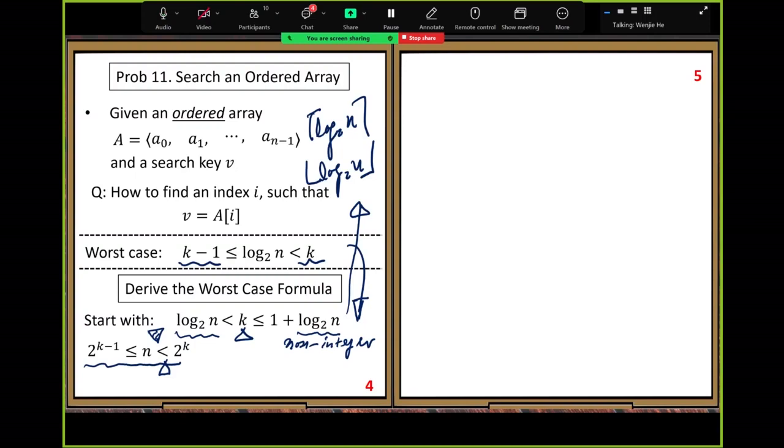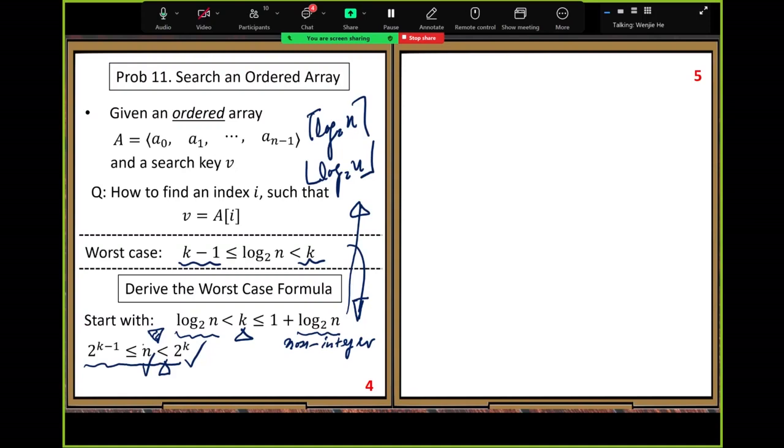We know they are both integers: n is an integer, 2 to the k is also an integer. But one integer is strictly less than the other integer. So can we improve the inequality slightly?